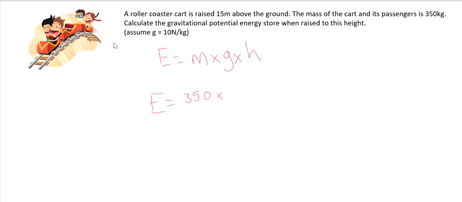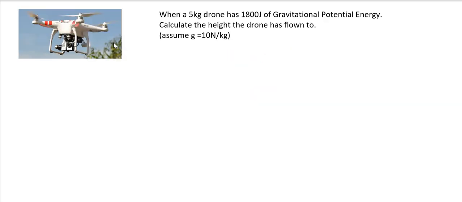Remember that gravitational field strength is a constant on Earth at 10, and the height is 15 meters. So when I type this into my calculator, I get a gravitational potential energy of 52,500 joules.